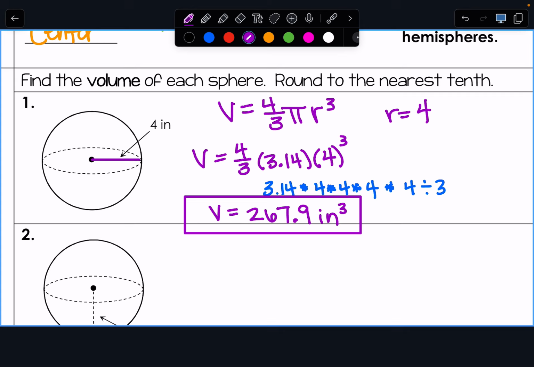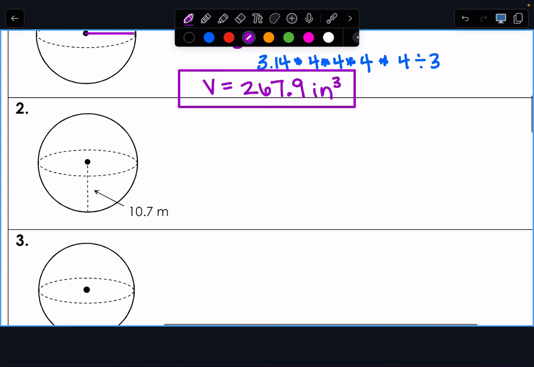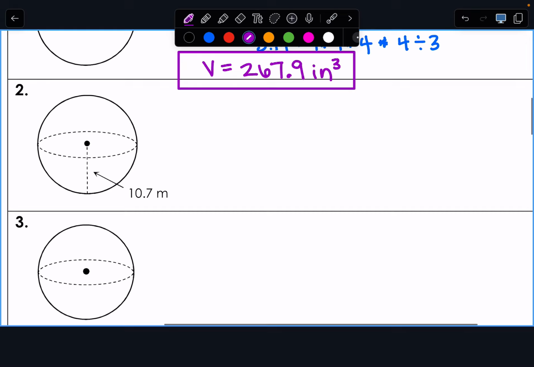Okay. 267.9 inches cubed, because we're talking about volume. Okay, Matthew, did you get it? Okay. All right, so how about you try number 2. See if you can get to the same answer that I do without me.